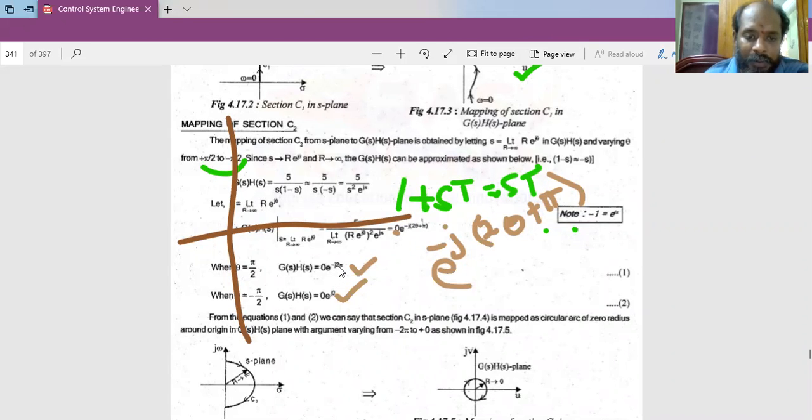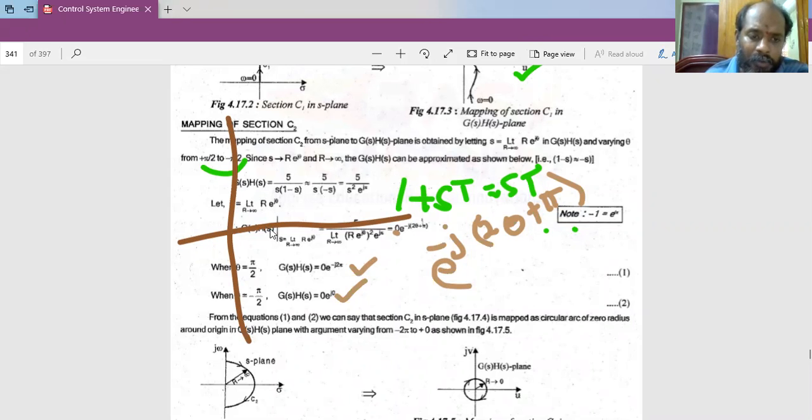Initially, the magnitude is 0 and the angle is starting from minus 2 pi. Minus 2 pi is what? Minus 360, and it ends at 0. So minus 360 is here, somewhere here, probably, because the magnitude is very 0 actually. So minus 360 to 0.